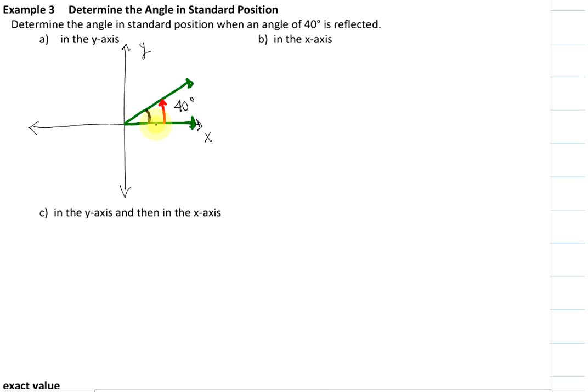Because it's acute, it's between the x-axis and the terminal arm, and it's a positive angle. So we also have a reference angle. Okay, so we're going to reflect this angle over the y-axis. Sometimes when we say in the y-axis, we can also say over the y-axis.